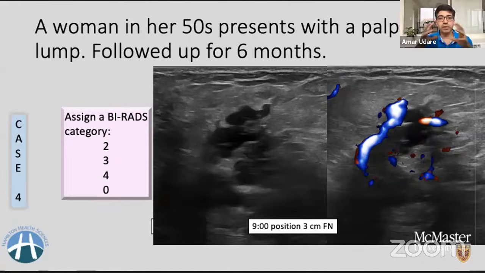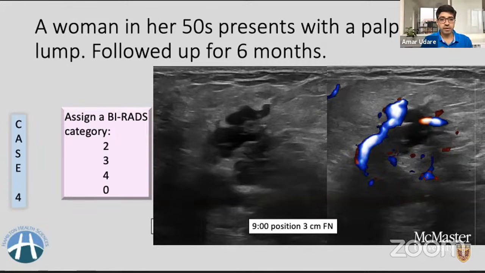You start to get ballooning of TDLUs, which are terminal duct lobular units, and they are filled with fluid secretions. In pregnant women, they are filled with milk, and they appear quite anechoic and tubular or like a bunch of grape-like cystic spaces on ultrasound. So probably that was something which was thought at that time when the baseline assessment was performed. So it was decided to assign a category 3 and do a follow-up.